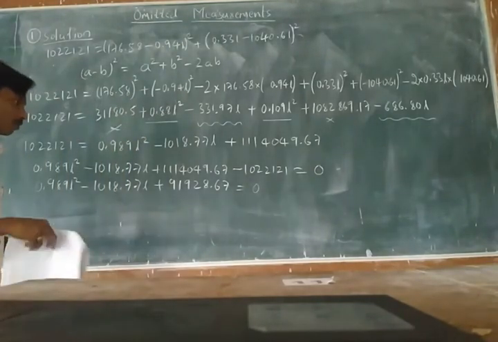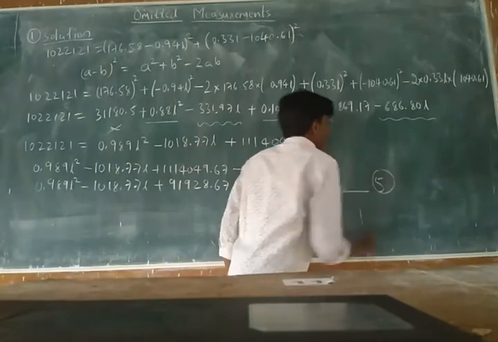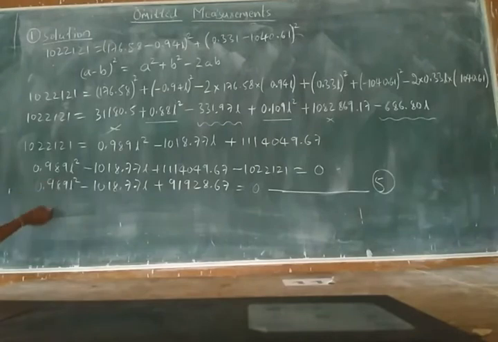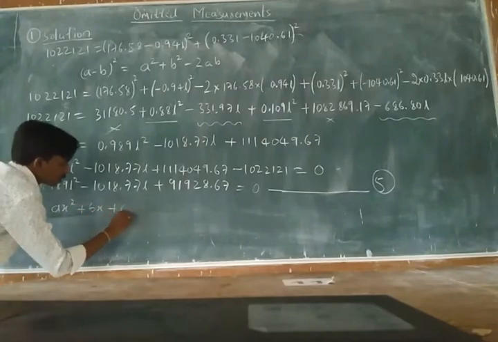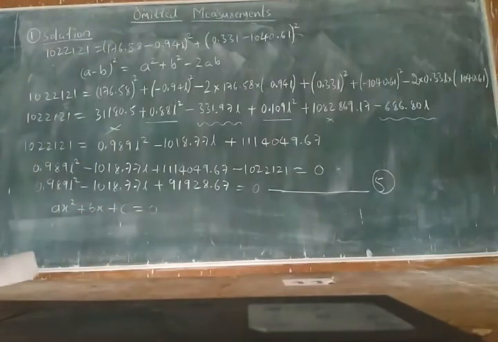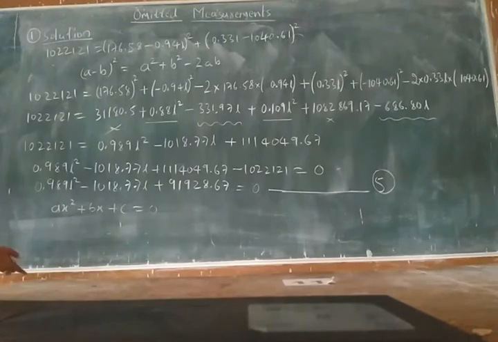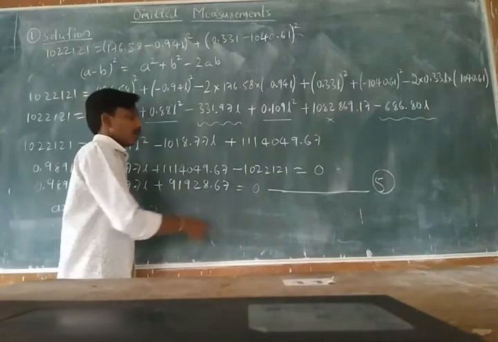Now this is your fifth equation. Here you can observe the quadratic equation, which means ax square plus bx plus c is equal to 0. So here ax square, it is bx, and this will be the c value, that is equal to 0.